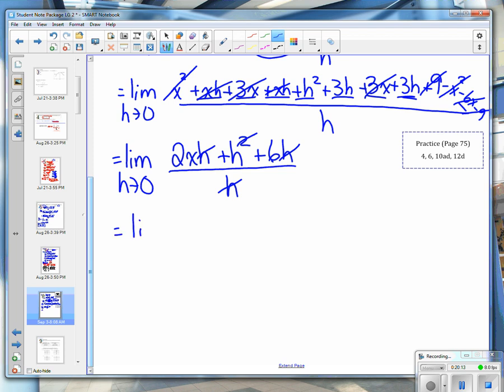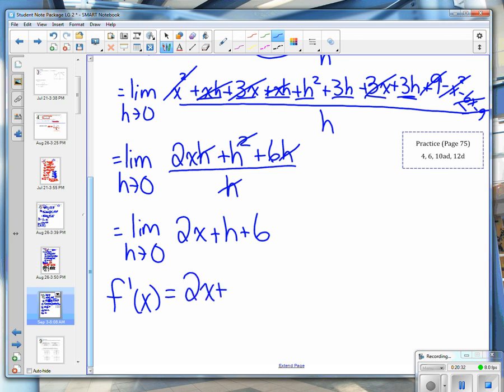So this is now going to be the limit as h approaches 0 of 2x plus h plus 6. Well, if h is going to be equal to 0, we know our derivative. I'll write that out here. So our derivative is 2x plus 6.